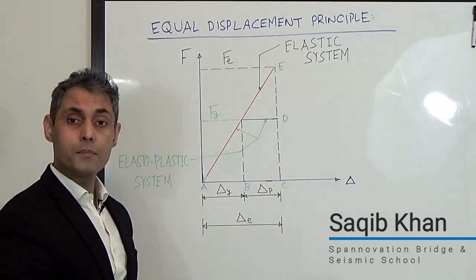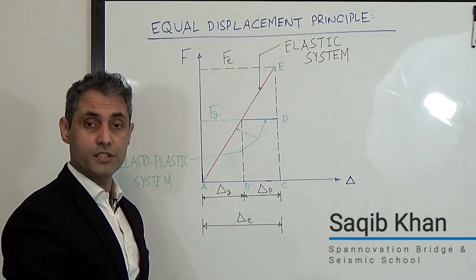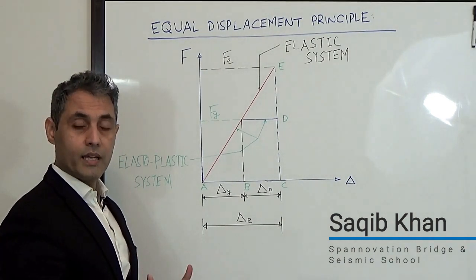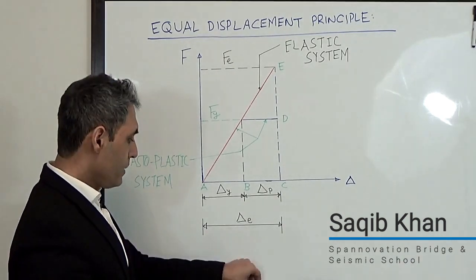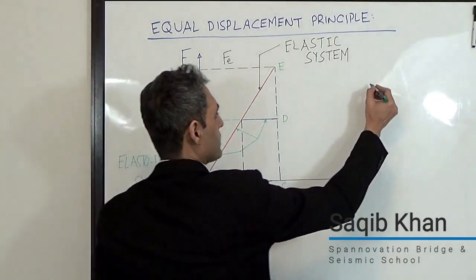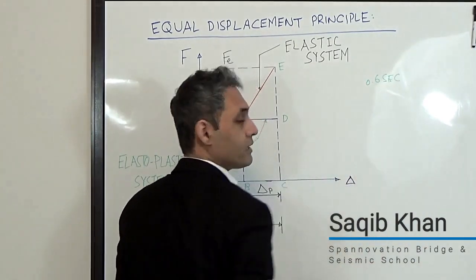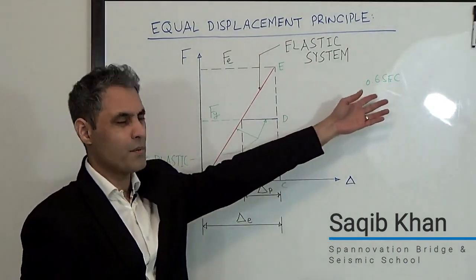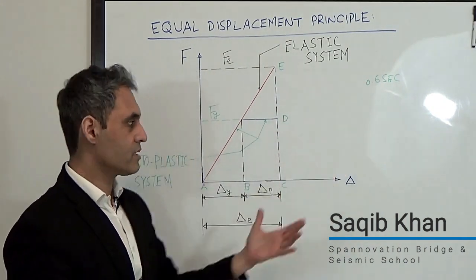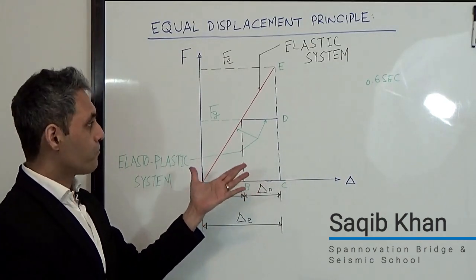Now this observation has been made for many structures that lie within a certain period range. That period range can be thought of really as something that's beyond 0.6 seconds. So if your fundamental period is larger than about 0.6 to 0.7 seconds, this principle will mostly hold.